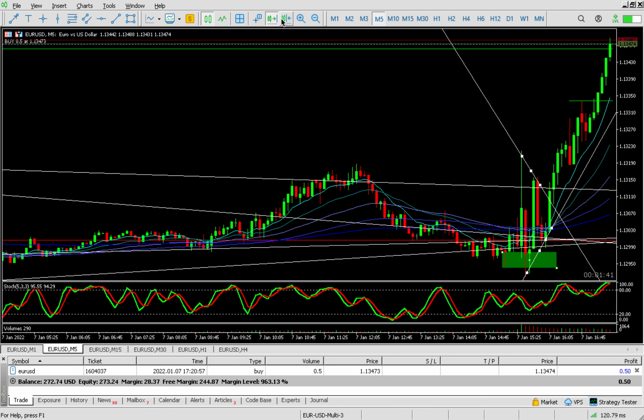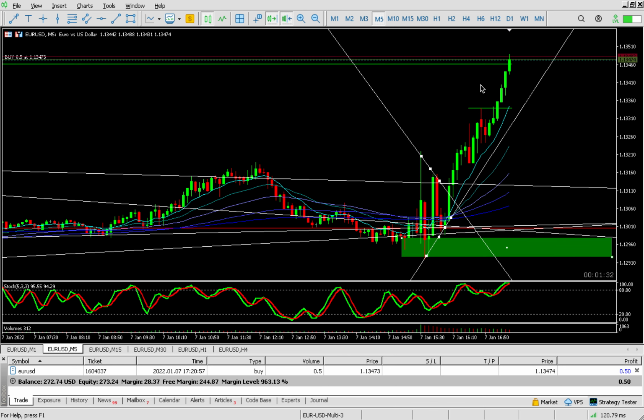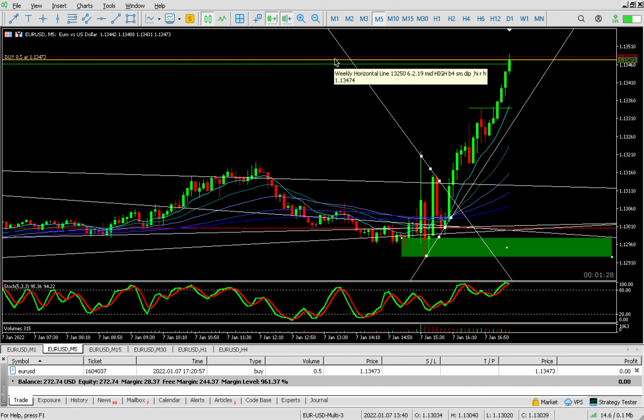Okay. All right, well, we do have a, it's not really a key level, it's just a previous weekly high from back in 2019.